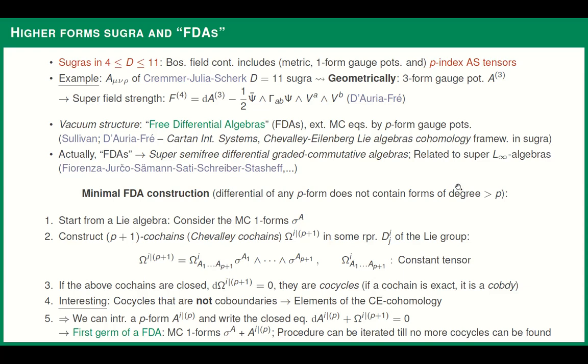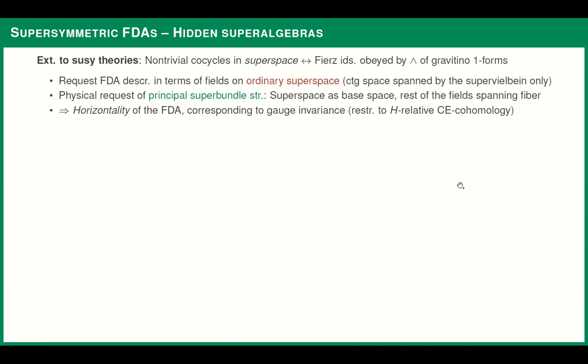This, at the purely bosonic level, can be extended to superspace, and it is particularly useful, as I was telling before, as a geometric approach to find non-trivial cocycles in superspace. Now that we have the gravitino, we know its physical and geometrical meaning, and it is the field defining the base of superspace, essentially.